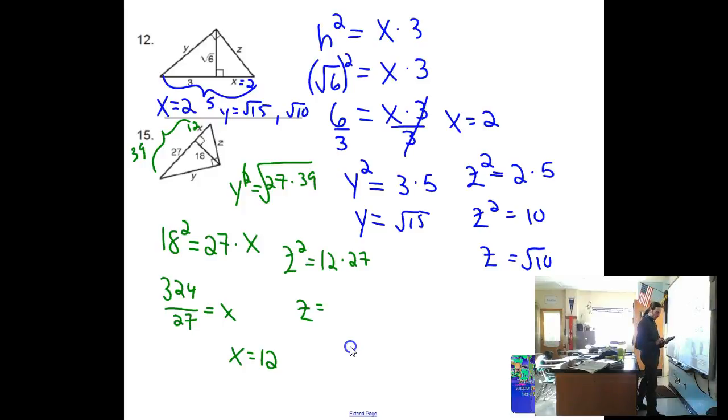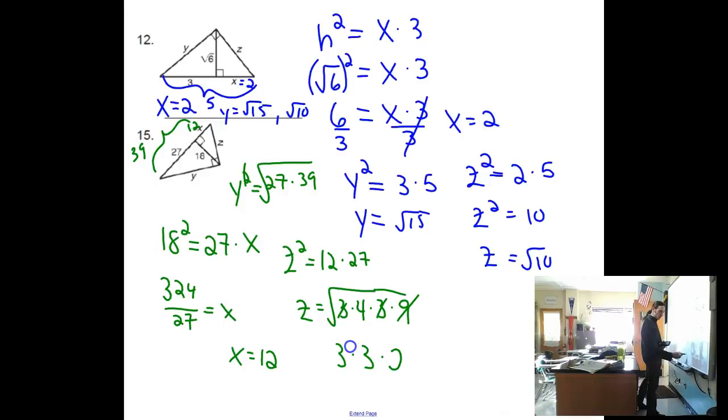So 12 and 27, this is really 3 times 4 times 3 times 9. Oh man, I can pull out a 3. The square root of 9 is another 3. The square root of 4 is 2. So z equals 3 times 3 is 9 times 2 is 18.